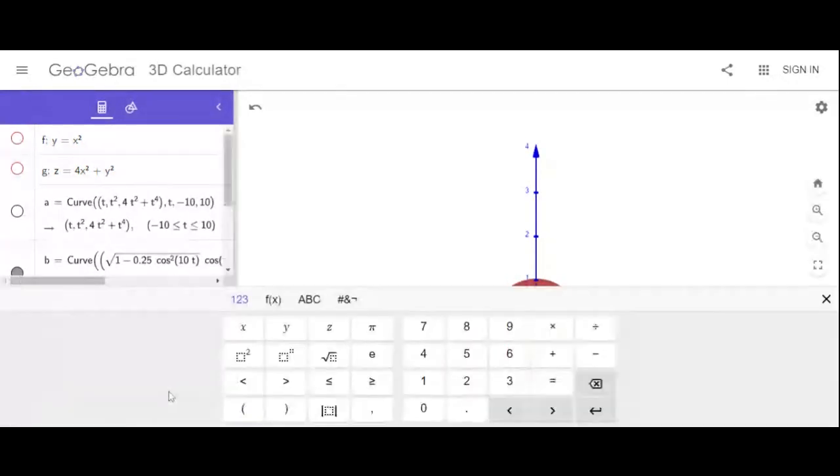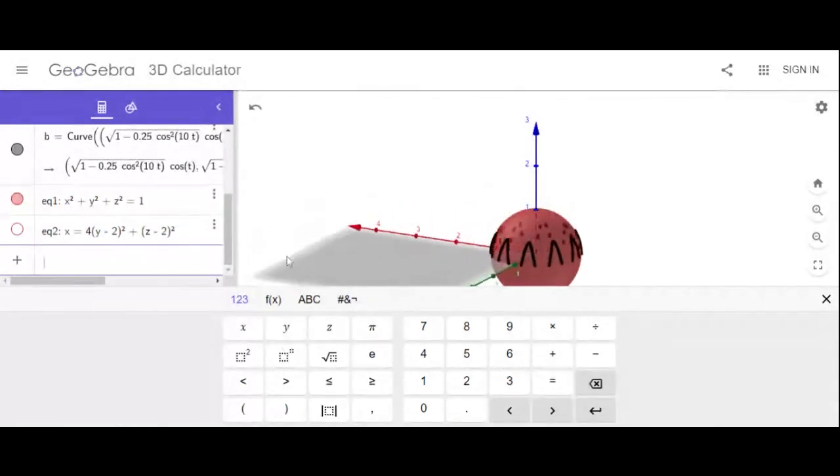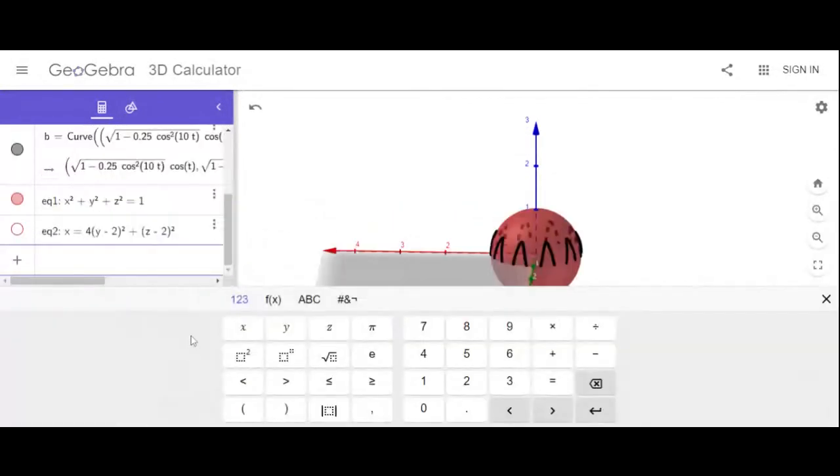Yeah. So, let's graph the helix because we have some time. I'll show you how to type it in. Just parenthesis, cosine t, comma, sine of t, comma, let's just do t over 2.